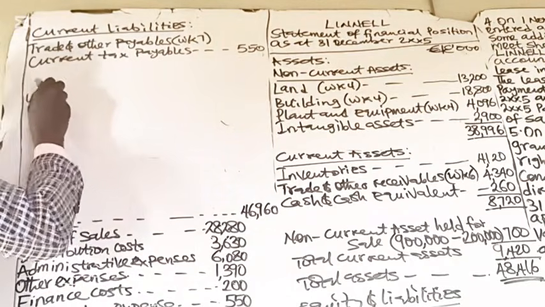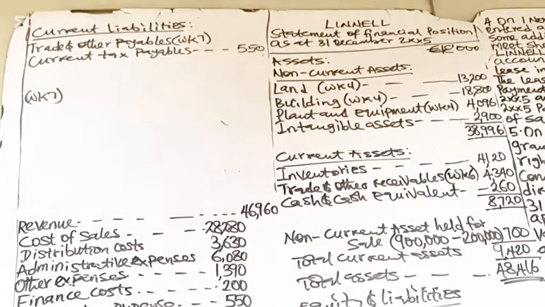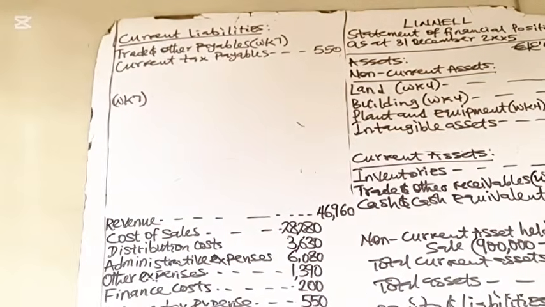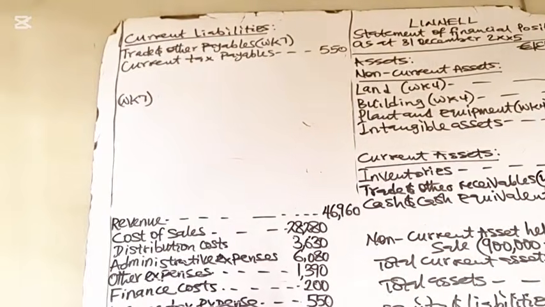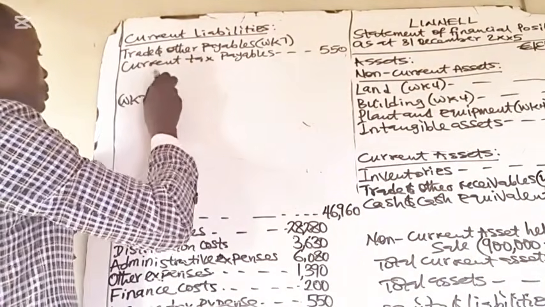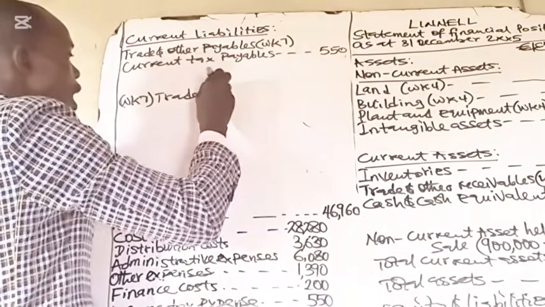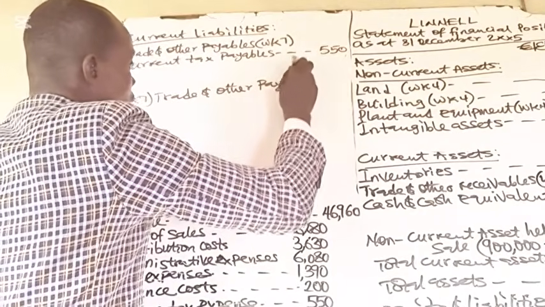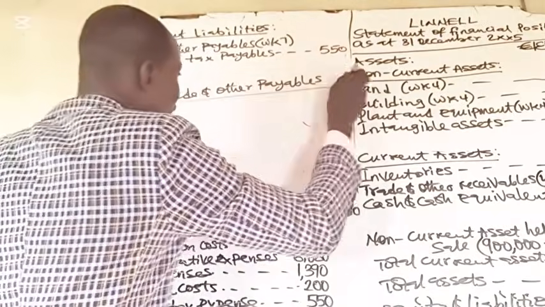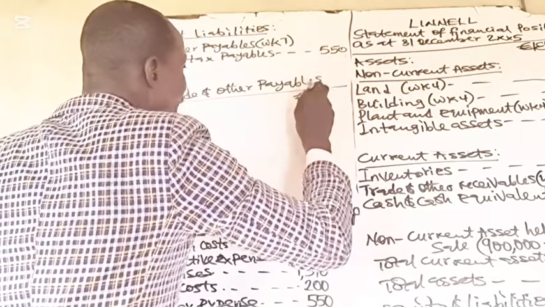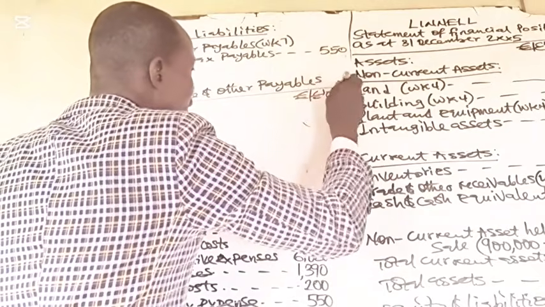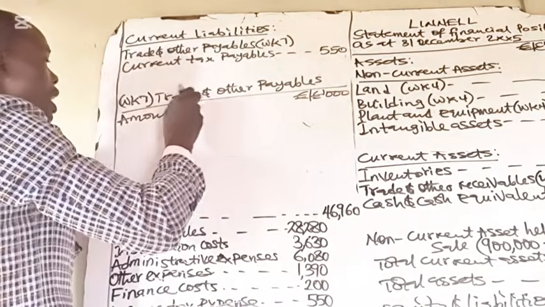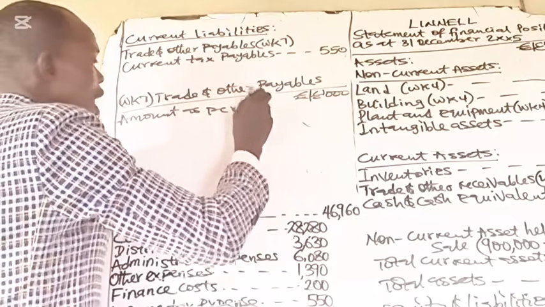Working number 7, which is the working for trade and other payables. The starting point will be the amount as per trial balance.